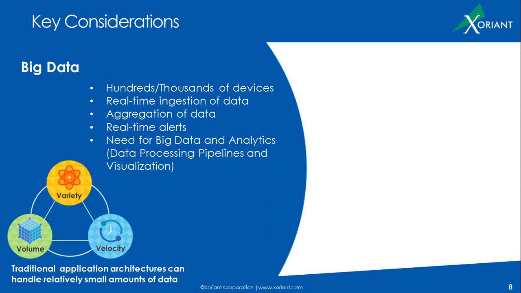So we suggest that when it comes to complex data processing pipelines, which you will have in the future, it's important to invest in a big data architecture. That's one of the key considerations you should weigh while looking at a long-term IoT solution that scales as your number of sensors and devices increases.